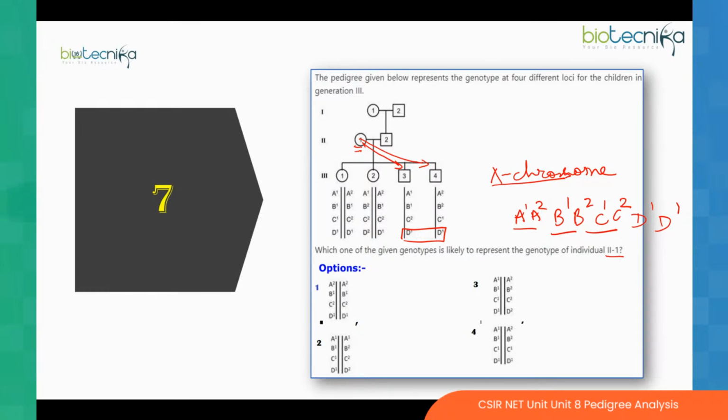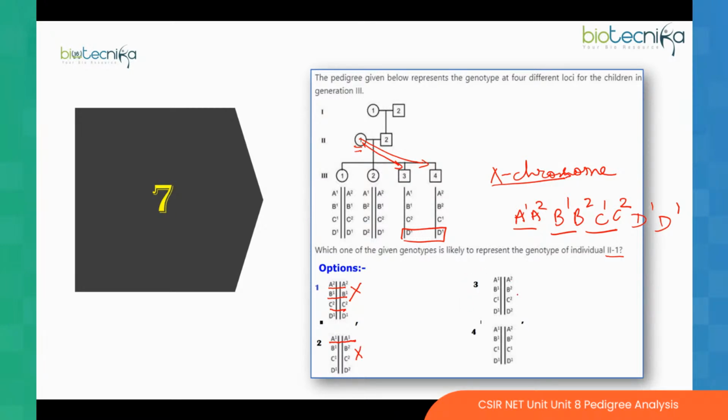Now see, with this information, if you check the options, you have got your answer. Option 1 is showing homozygous for A2, B1, and also for C2, so not possible. Option 2 is showing homozygous for A1, again not possible according to our finding.